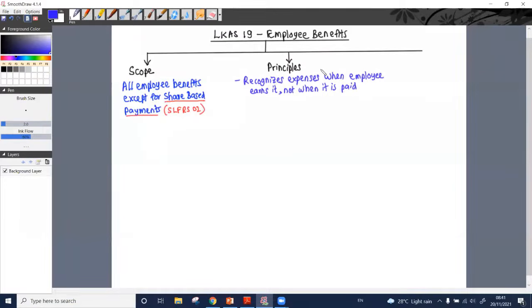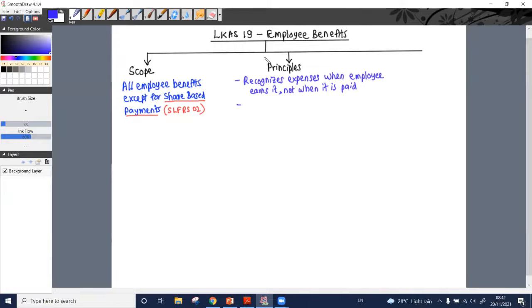If you worked in November, you should recognize the salary expense in November. Even if we pay in December for the November work, the salary expense relates not to December but to the month worked. Recognize expenses when the employee earns it, not when it is paid. That is one principle in LKAS 19.